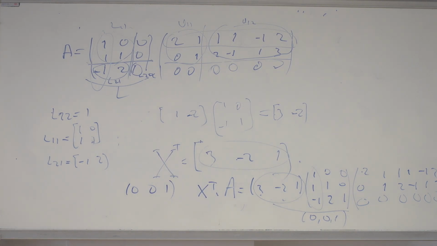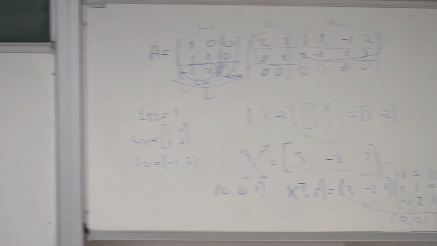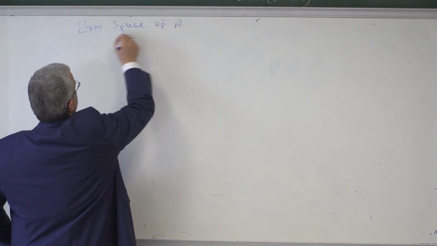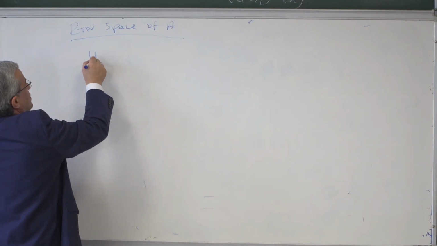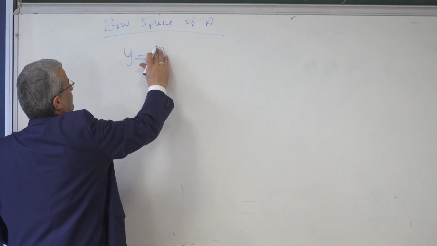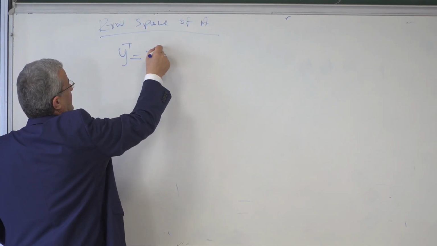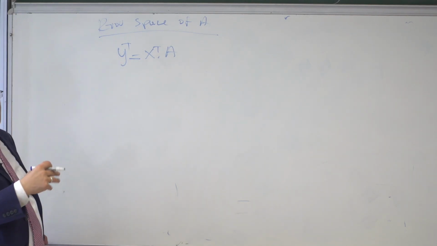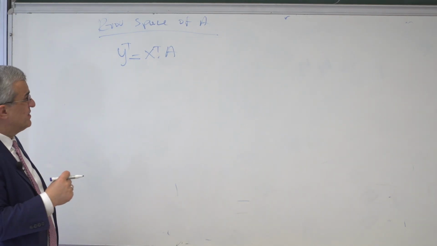Okay, row space of A. This is the easiest one. None of them is difficult, but this just clearly comes out. So row space of A. So we are looking for all linear combinations of the rows of A, right?